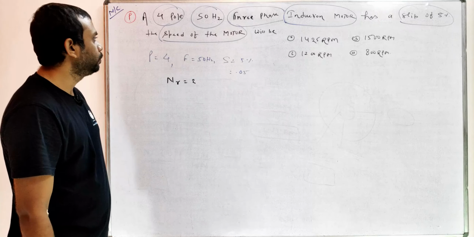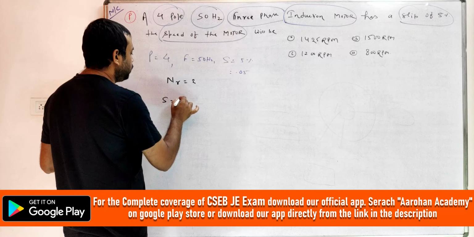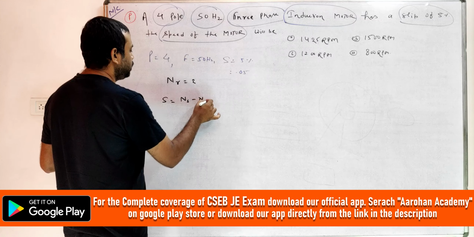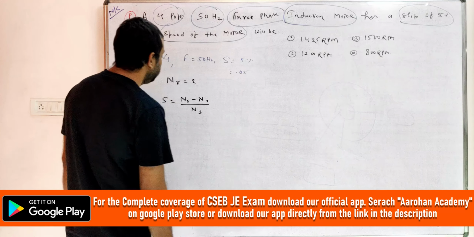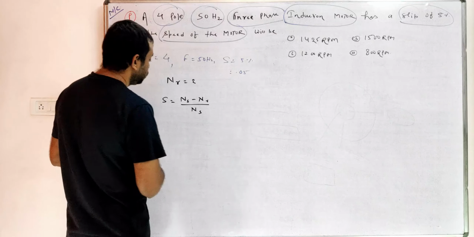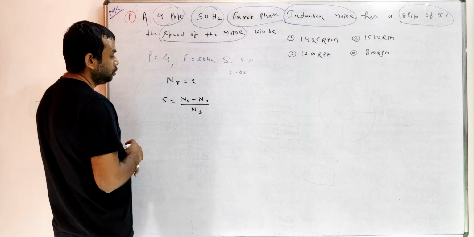As per the slip equation, the slip is given as (Ns minus Nr) by Ns. We can also write Nr equal to Ns times (1 minus s).